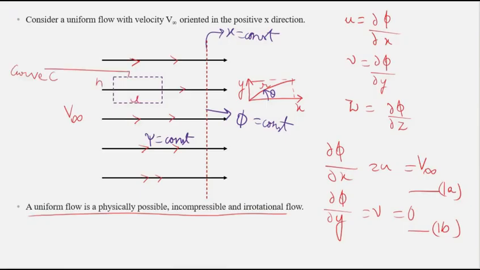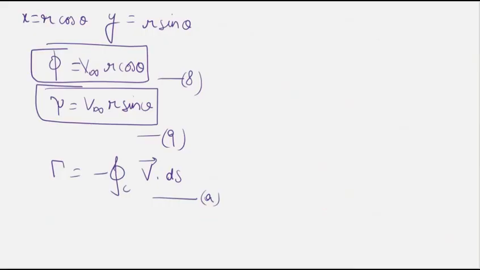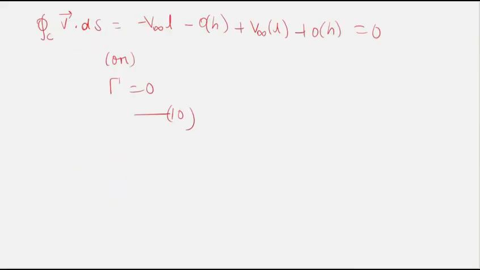Based on these horizontal and vertical lengths, let us see how we can write the equation of circulation. Upon substitution, this is what we get: circulation is equal to 0. This equation 10 is true for any arbitrary closed curve you are considering in a uniform flow.